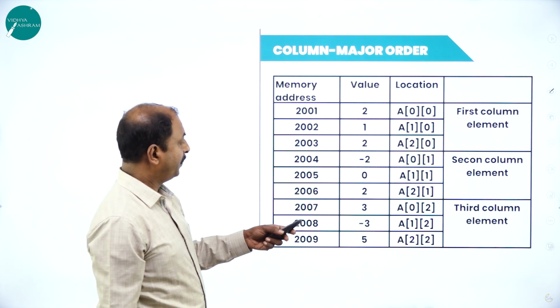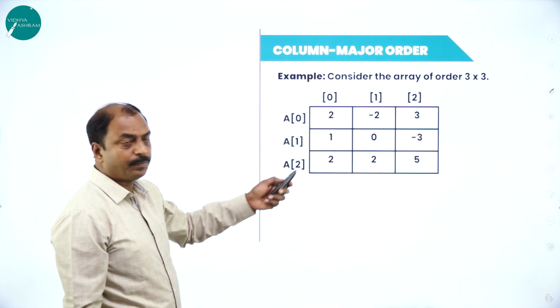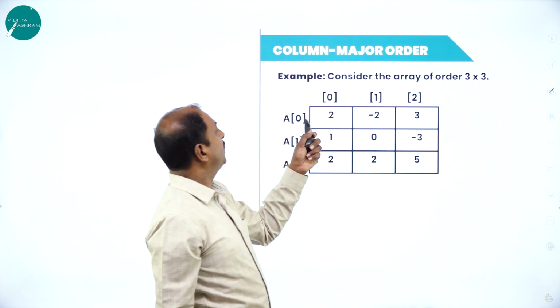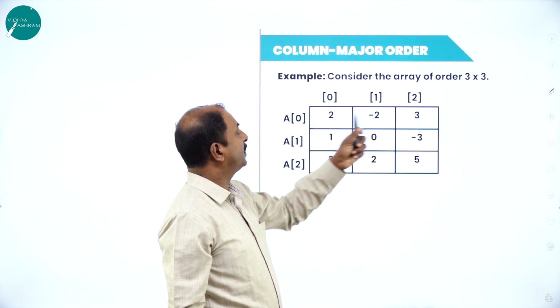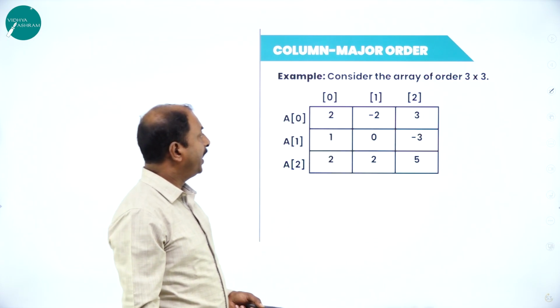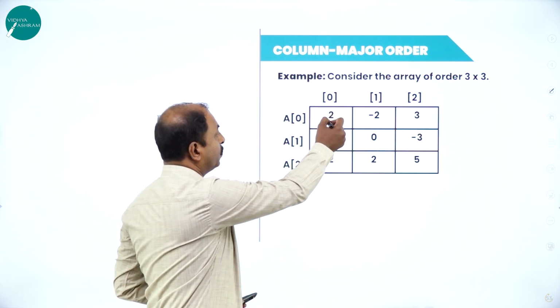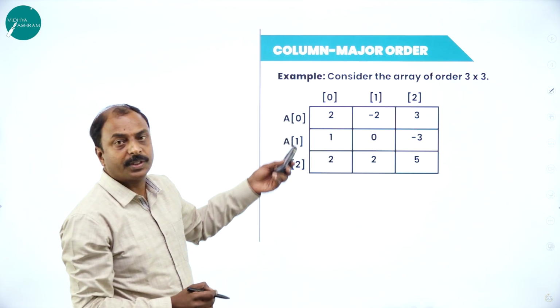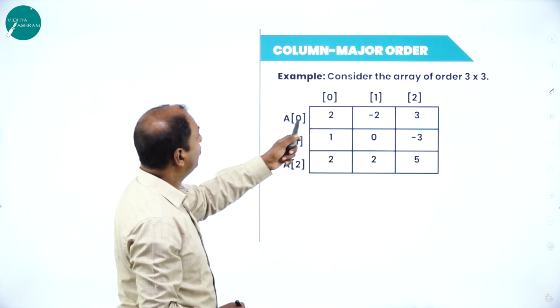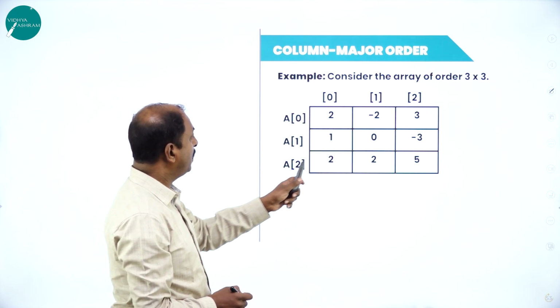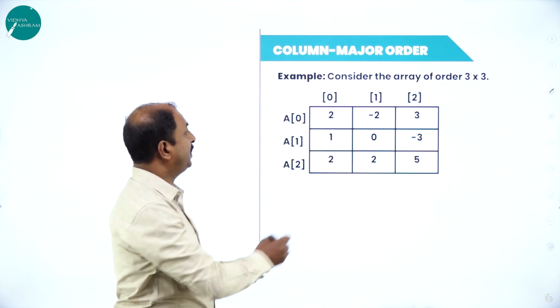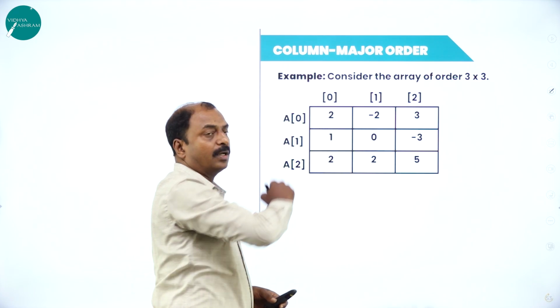Now, if you look at this example here, a of 0, 0 is 2, 0, 1 is minus 2, 0, 2 is 3, and the first column elements are 2, 1, 2. Here if you look at the index, a of 0, 0 is the first element, a of 1, 0, and a of 2, 0. These are the first column elements.